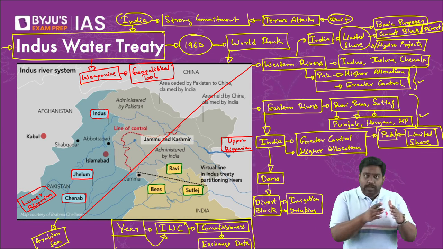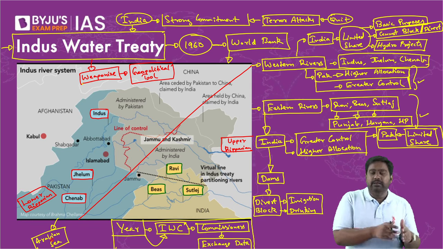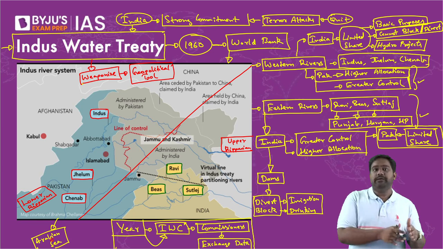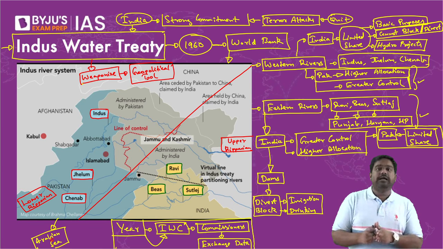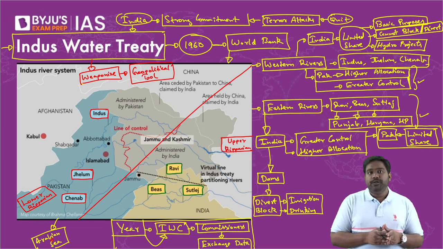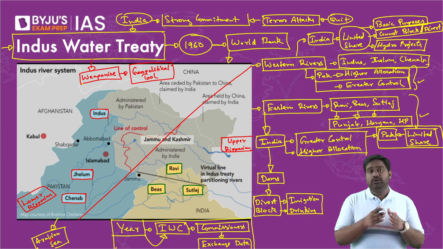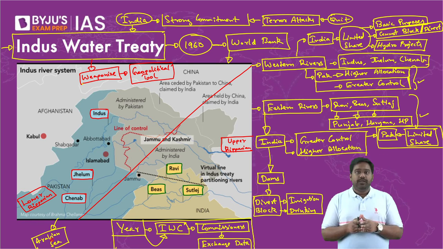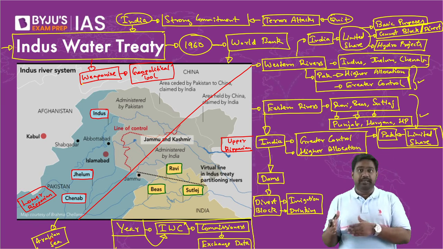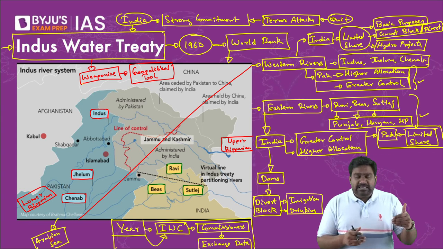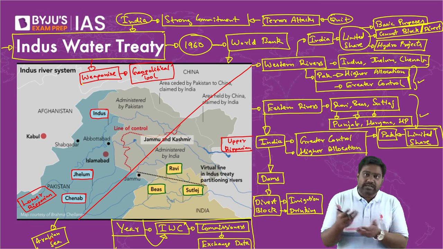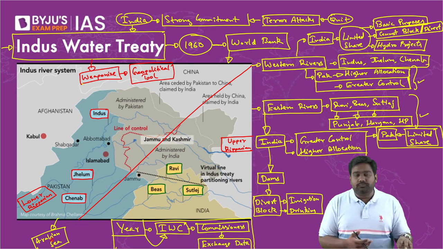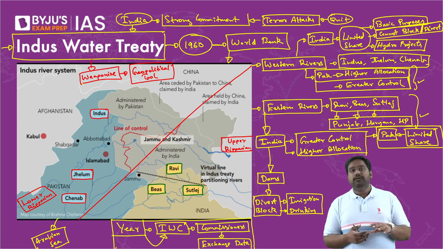So if we were to actually quit the treaty, it will aid these terrorists, it will aid the ISI to further carry out propaganda against India and drive recruitment for their terror organizations. Because see, water is a question of humanity. Water is a question of human well-being. And it's easy to trigger emotions based on water. If two states of India can fight for water, imagine what will be the reaction if India quits and there are floods and droughts in Pakistan, right?